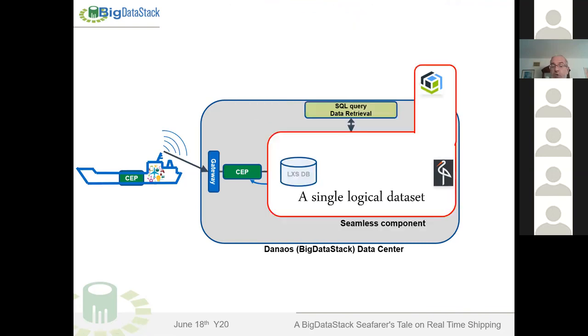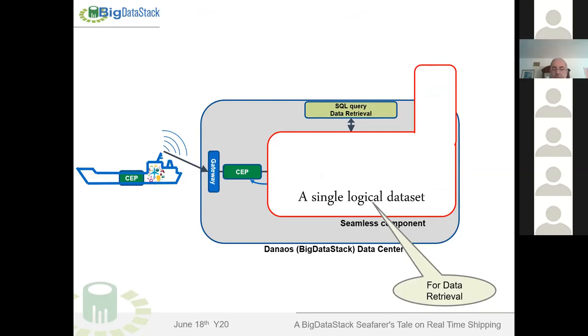So here comes the seamless component, whose goal is to present for retrieval a single logical data set. That is, the user of the data is not even aware of where exactly the data is being stored.